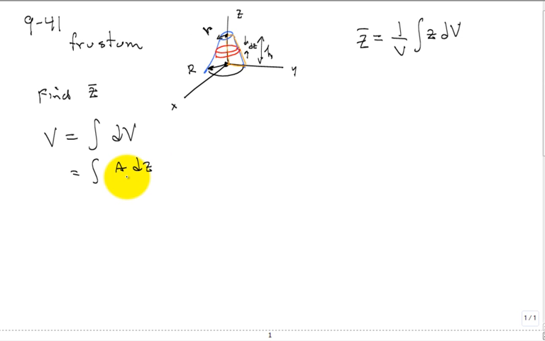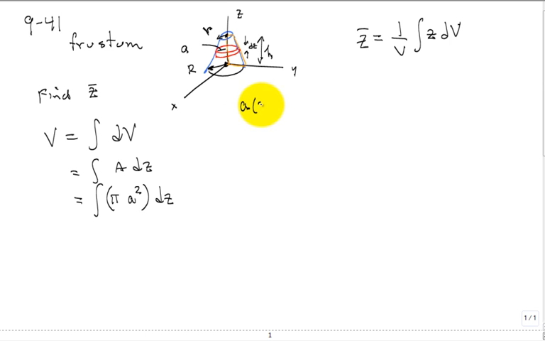What is A? The disk area is a function of z, is it not? I'm going to call the disk radius a, because I used cap R and lowercase r. So pi a squared will be the area of that disk, times dz, integral.